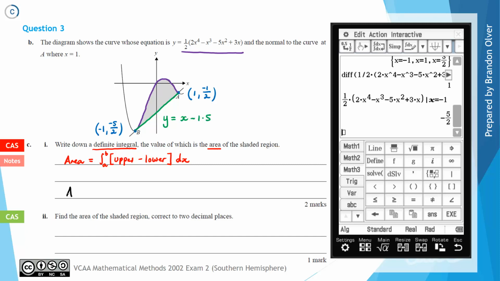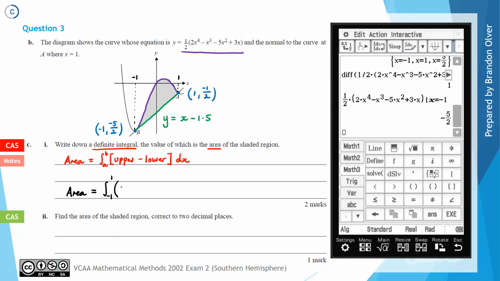So using that information, the area is going to equal the integral between the upper and lower bounds. So the lower bound is -1. That's the x value that we're starting our area calculation from. And our upper bound is +1, which is the x value that we stop calculating the area for.